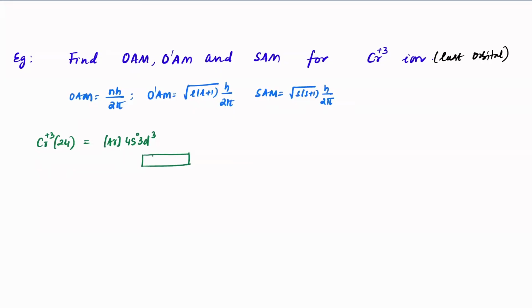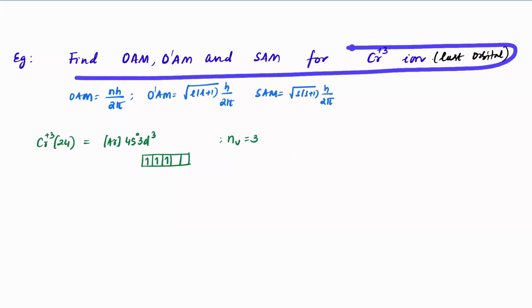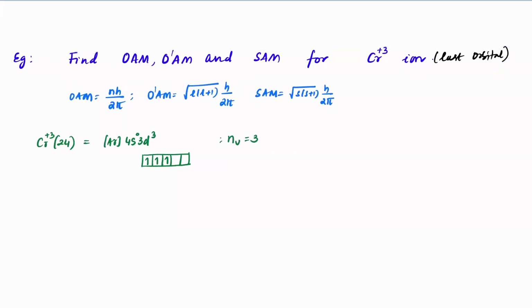You would see there are only three unpaired electrons in d. So if by default nothing is given, you should always consider the last orbital. So the last orbital is 3d. In that case, the n value is 3, l value is 2.